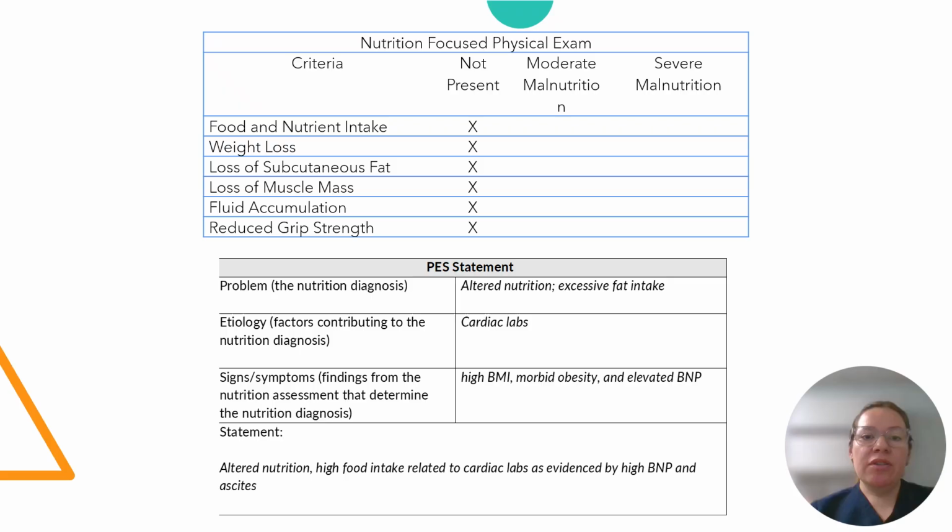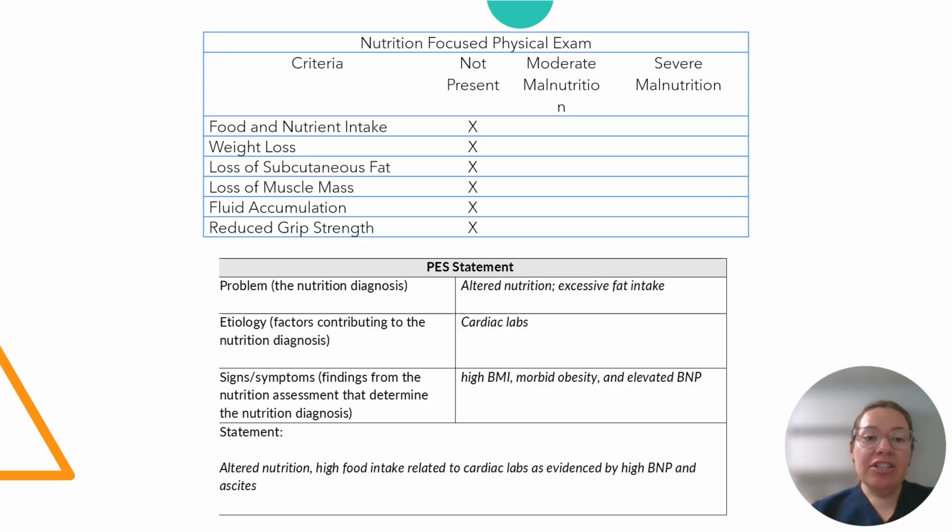So for the nutrition focused physical exam, I put that malnutrition wasn't present in the food and nutrient intake. She didn't present any weight loss, no loss of subcutaneous fat, no loss of muscle. The only thing I put as not present is the fluid accumulation.